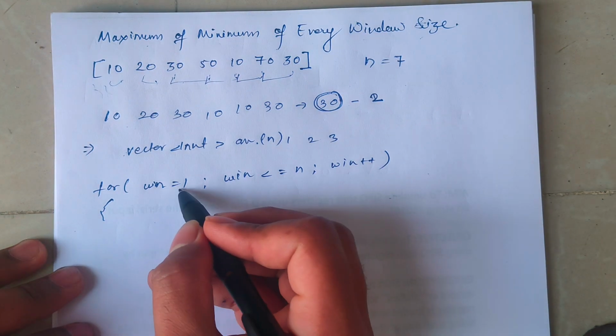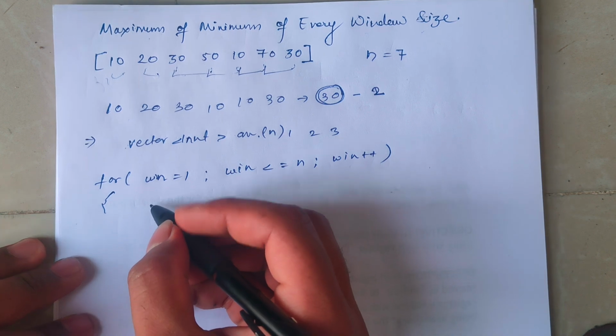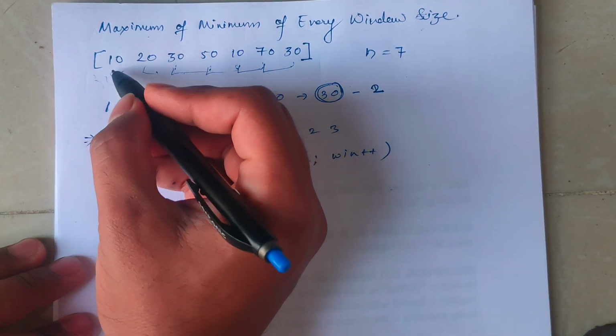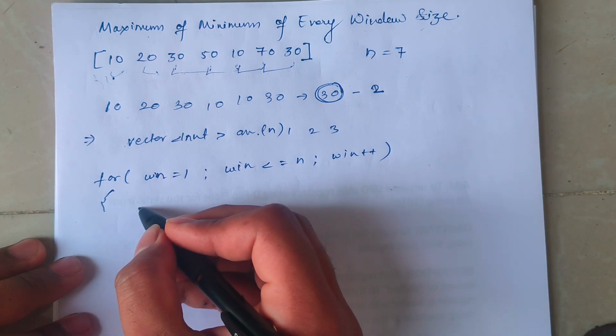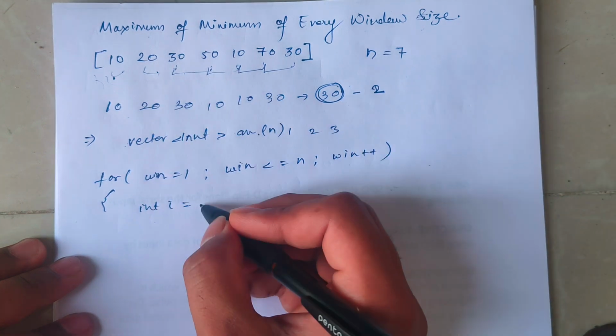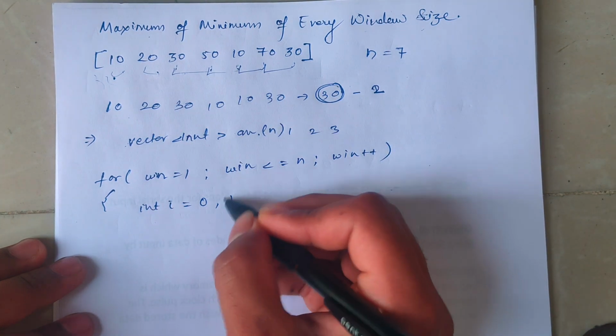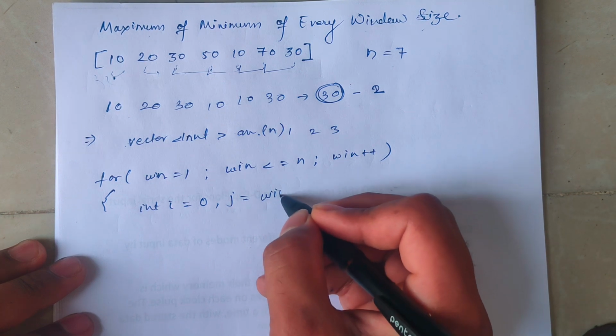So suppose we have window size 1 and the first pointer i would be 0 and j would be window size - 1.